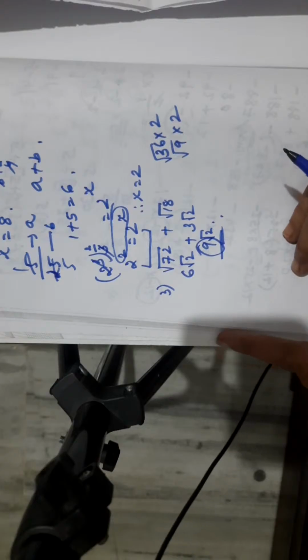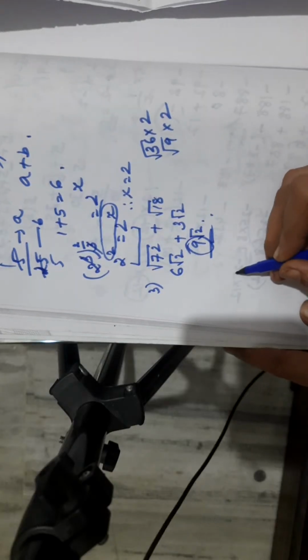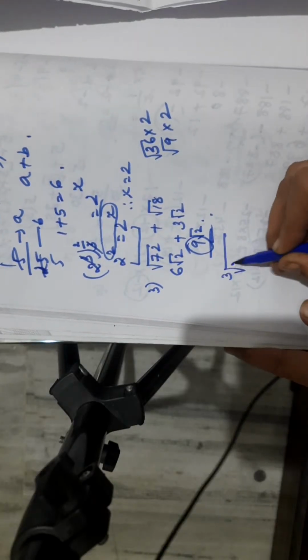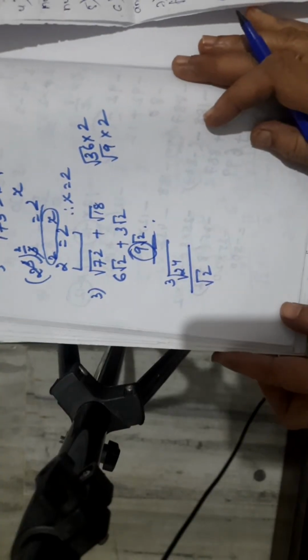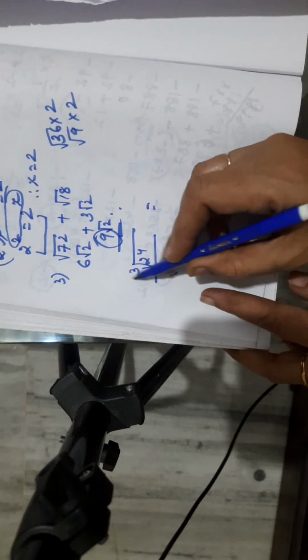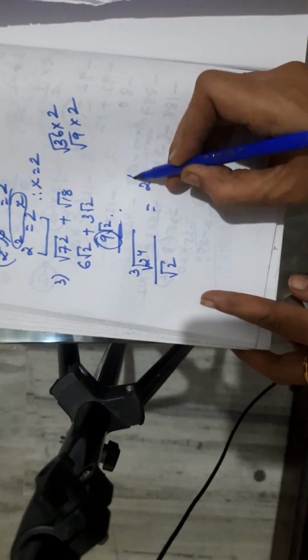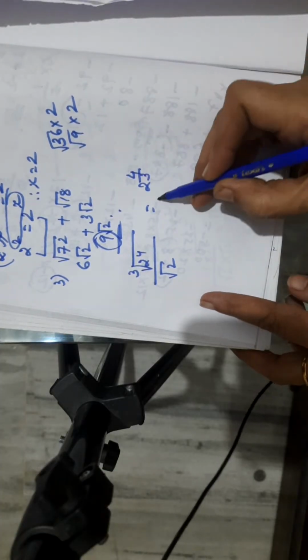If the question is in this way, root 3 of 2 raised to 4 by root 2, I'm going to solve it. For this kind of question, I told you that whatever the root part is, that will be the denominator. Already 4 is there, so this root part will come in the denominator.